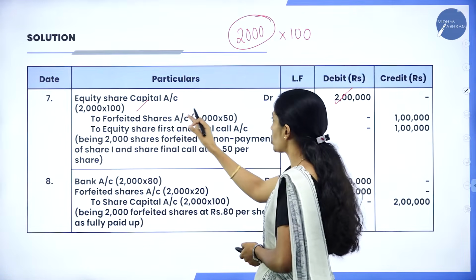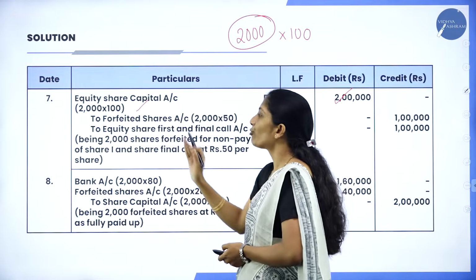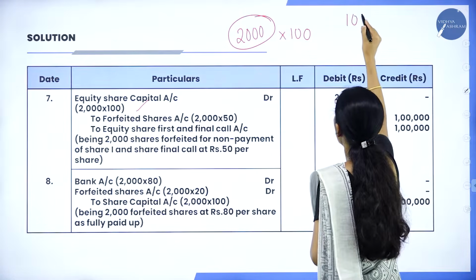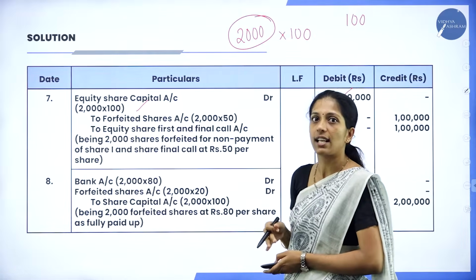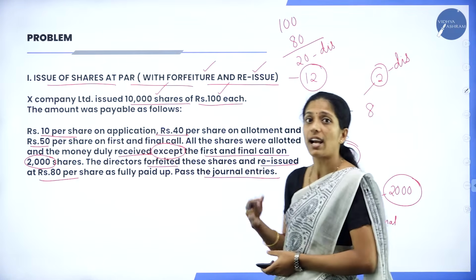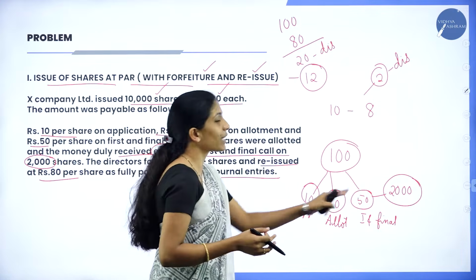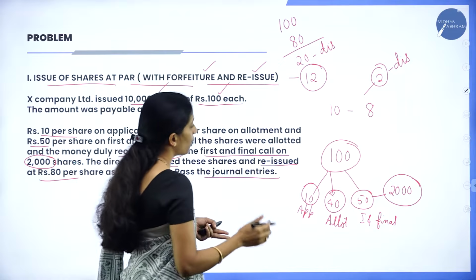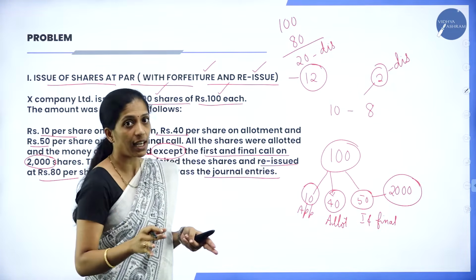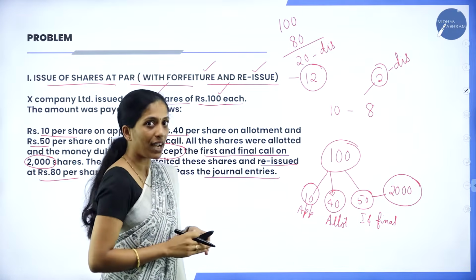Equity share capital account debit, to forfeited shares account. Out of 100 rupees, how much have we actually received? So go through the problem here. How much have we actually received? We are going to cancel the 2,000 shares for not paying the first and final call money of rupees 50 each. In the sense, how much have we actually received?